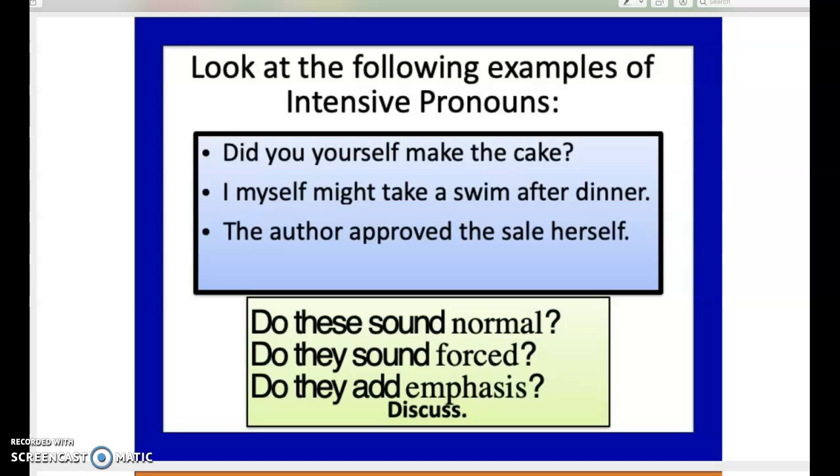We want to put emphasis back on the author. If we remove those intensive pronouns, the author approved the sale. That sentence still makes sense. It sounds normal. It's not forced, but it adds emphasis. You could cross out the discussion box. We are not doing that box either.